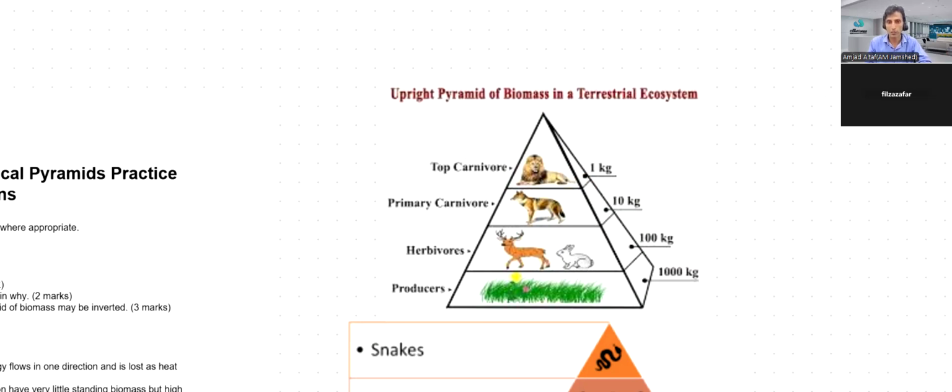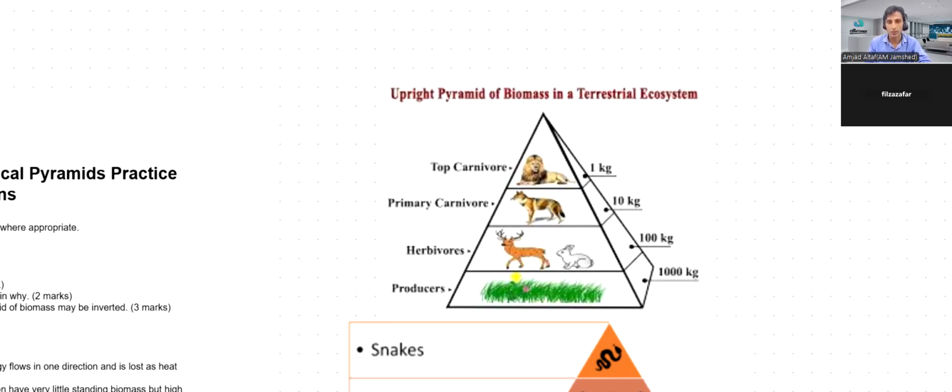After that, the primary carnivore, its dry mass is 10 kilograms, right? And then the last one, the top carnivore, in the form of a lion, is 1 kilogram. Again, biomass is reducing in the pyramid in the upward direction.